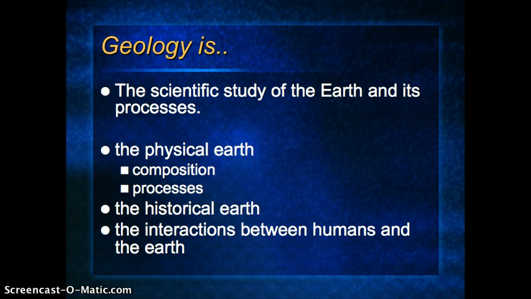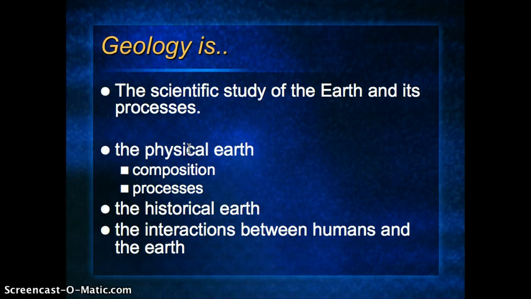Geology is just the scientific study of the earth. We sometimes divide geology into the study of the physical earth, the composition of the earth and its processes. Another way that we look at the earth is its history. Looking at fossils and rocks tells us a lot about how the earth has been in the past. A third way, which is what this class is about, is looking at the interactions between humans and the earth.